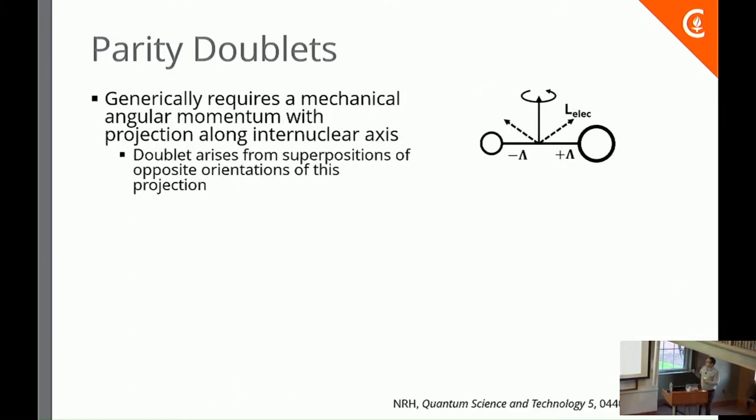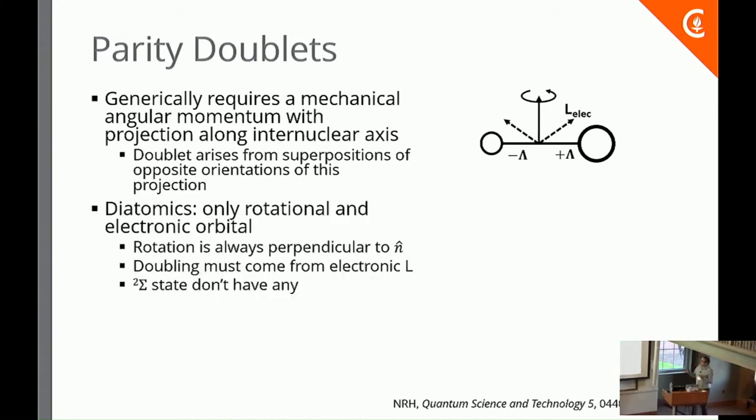And as has been alluded to previously, parity doublets generically require some mechanical angular momentum, meaning it's sensitive to parity, so not like a spin, with a projection along the internuclear axis. And then the doublet arises as superpositions of opposite orientations of this projection. So for example, in a diatomic, the electronic angular momentum can have a projection going this way or this way, and that gives rise to your doublet.